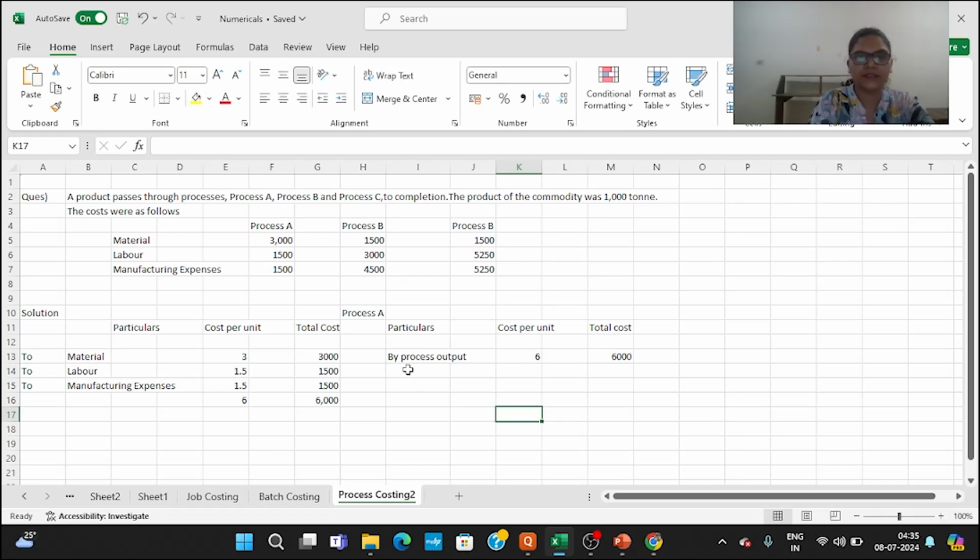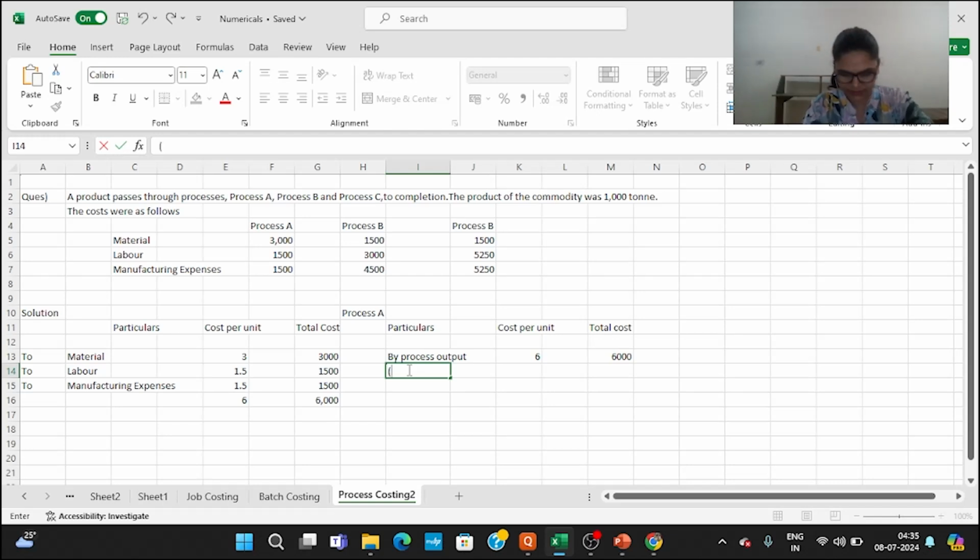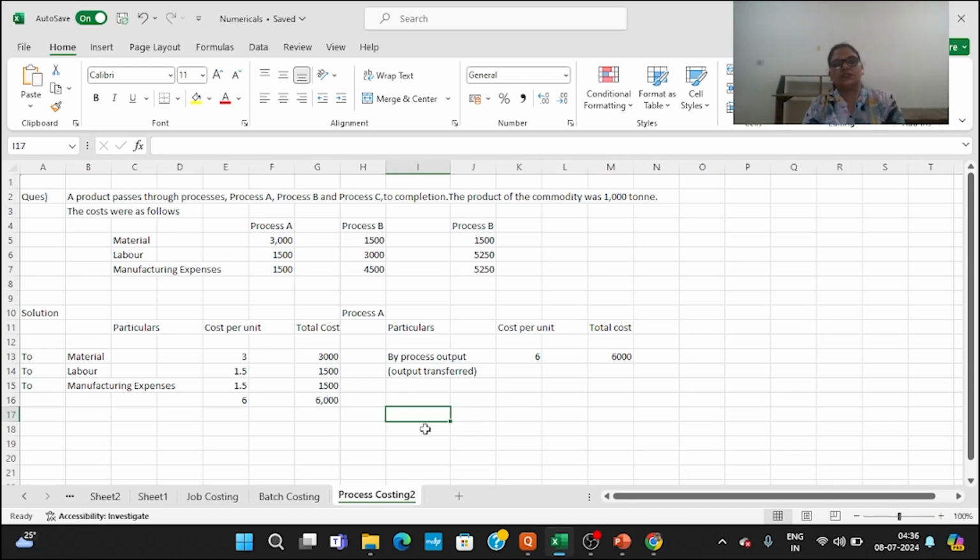So it is like output transferred to process B. So this is one process which is complete. As you can see, on the debit side we have shown to material, to labor, to manufacturing expenses, and on the credit side we have shown by process output the number of units which have been transferred to process B.